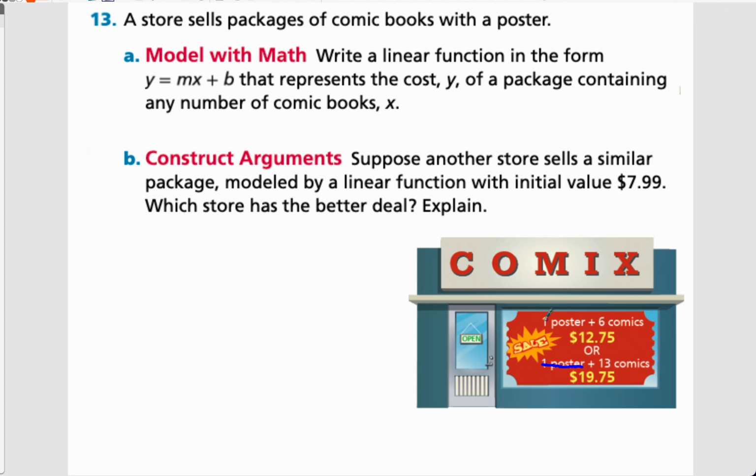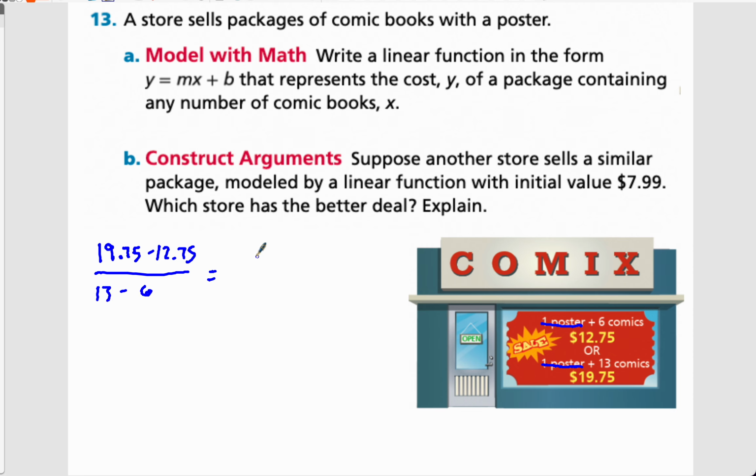So the poster is affecting both of those costs exactly the same, so we're just not going to worry about the poster on this part. As far as our ordered pairs, we're going to talk about the number of comics and how that affects the cost. So first find the slope: 19.75 minus 12.75 over 13 minus 6.